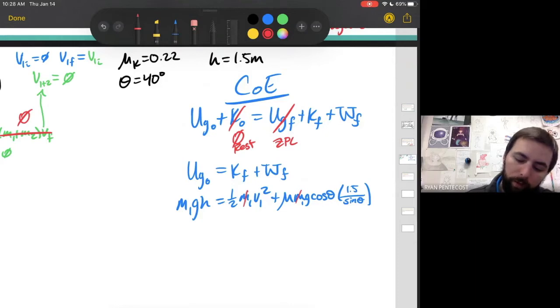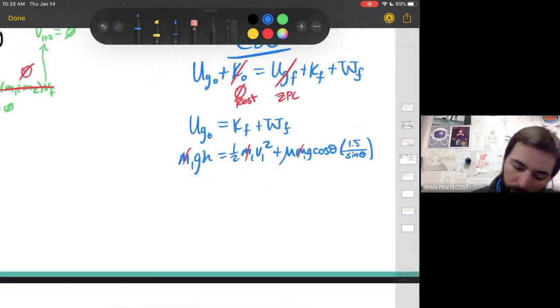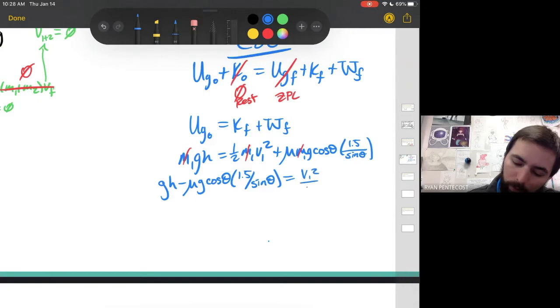The m1s can cancel out, and we want to solve for V. So we have g h minus mu g cosine theta times 1.5 divided by sine theta equals V1 squared over 2.